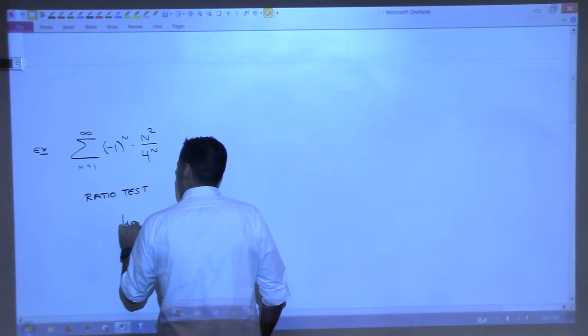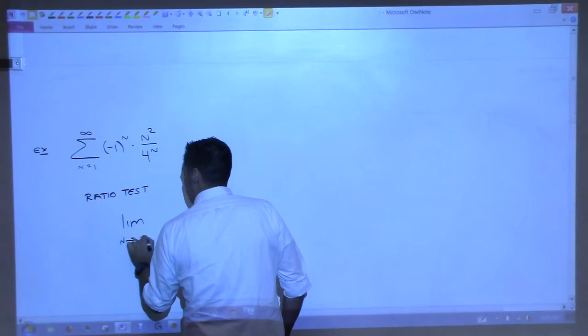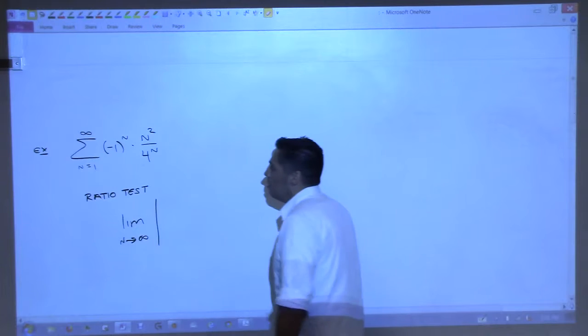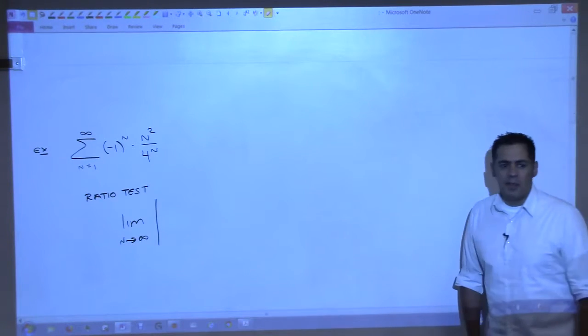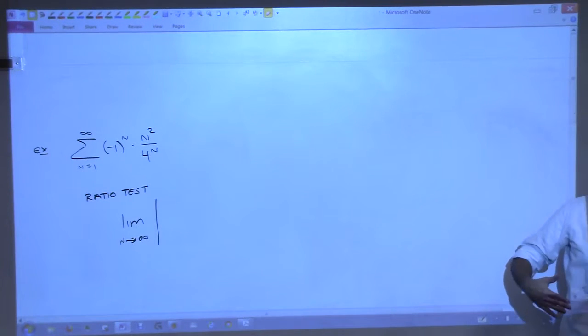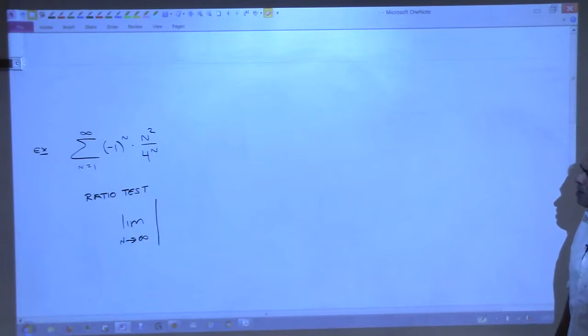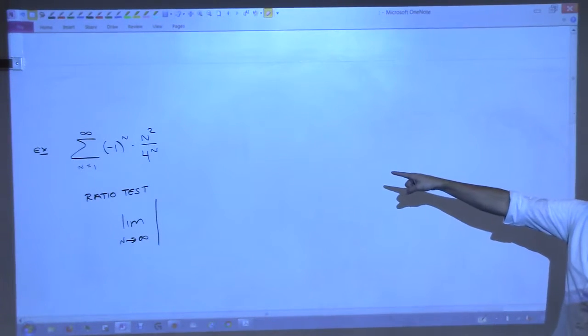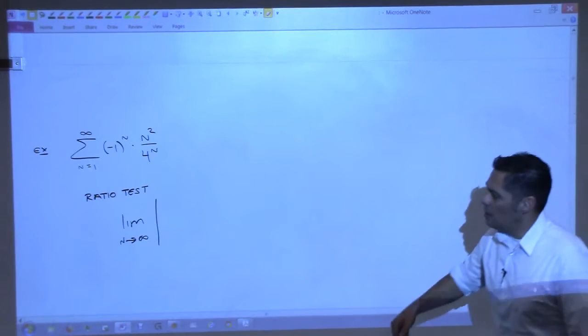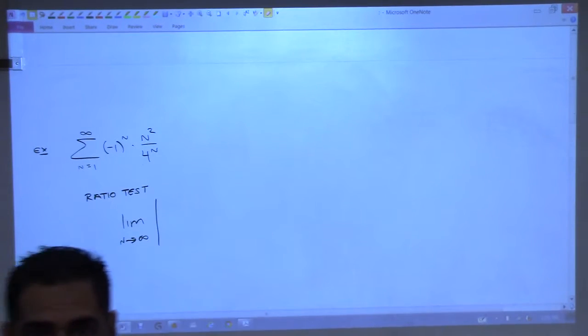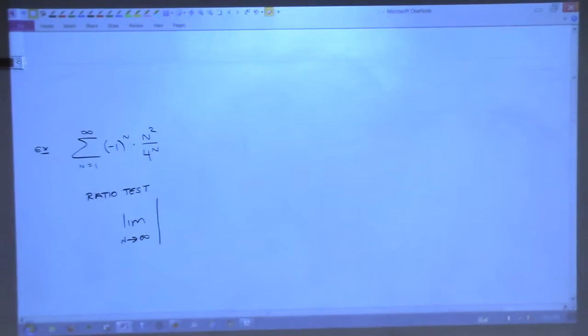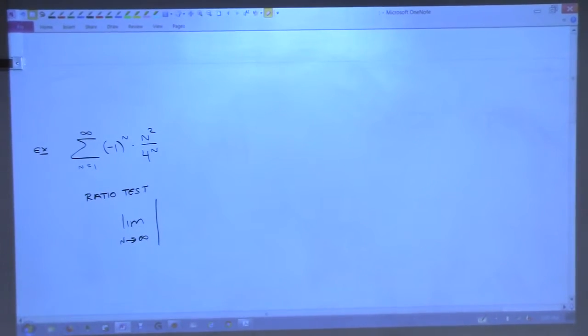I'm going to take the limit as n goes to infinity of the absolute value of a sub n plus 1 divided by a sub n. So what is a sub n plus 1 for us? It's that expression in there, replacing n with n plus 1, right? Okay, let's do that.